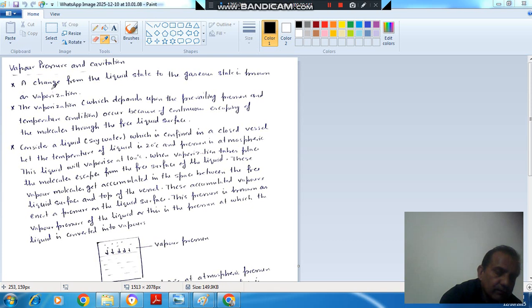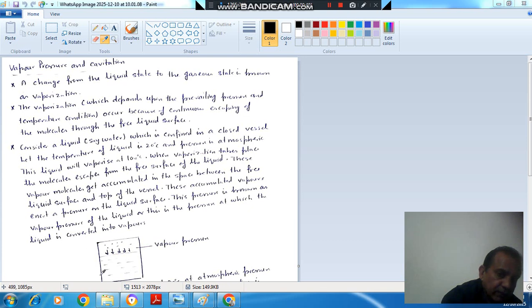So here, first of all, defining vaporization: a change of state from liquid to gas is known as vaporization. This evaporation, which depends upon temperature and pressure, occurs because of continuous escaping of molecules through the free liquid phase.